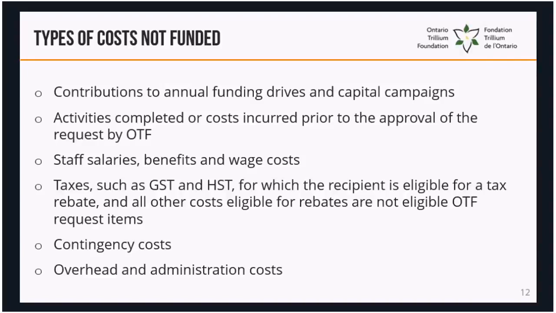Also not funded would be staff salaries, benefits, and wage costs. Taxes such as GST and HST for which the recipient is eligible for a tax rebate and all other costs eligible for rebates. Also not funded, contingency costs or overhead and administration costs.